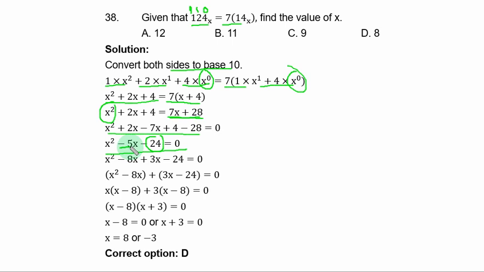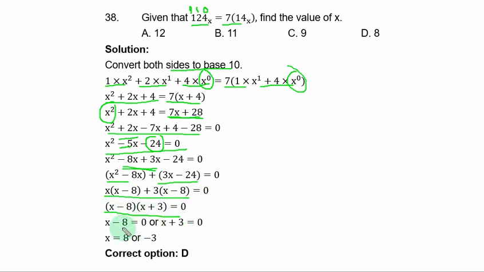Such factors are minus 8 and plus 3. So you express the two factors in terms of S and replace the middle term with them. The purpose is to have 4 terms so that you factorize by grouping. First 2 terms, first group, second 2 terms, second group. If you factorize, you get this result and this result.